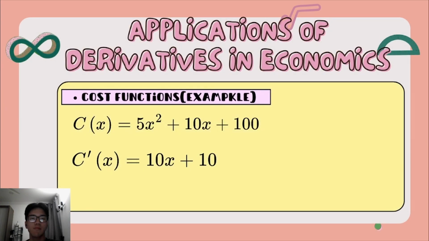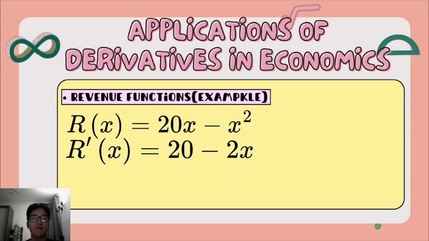Okay, so the first is the cost function. As you can see, C(x) equals 5x squared plus 10x plus 100. So C prime is going to be 10x plus 10. The second is the revenue function, R(x) equals 20x minus x squared, and R prime is going to be 20 minus 2x.